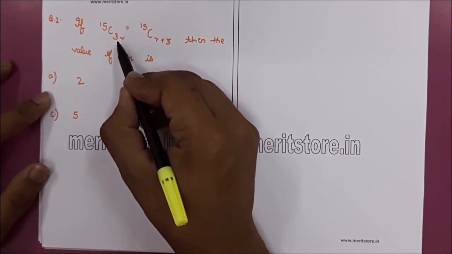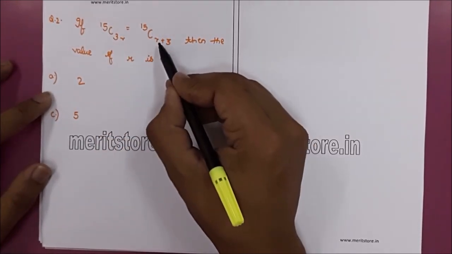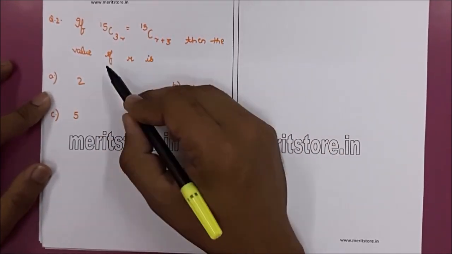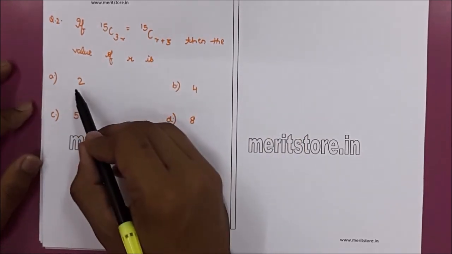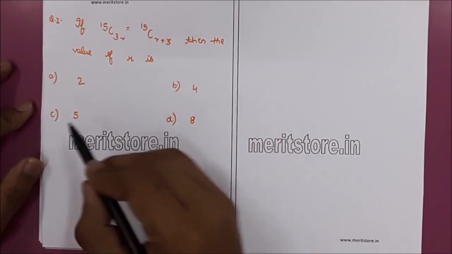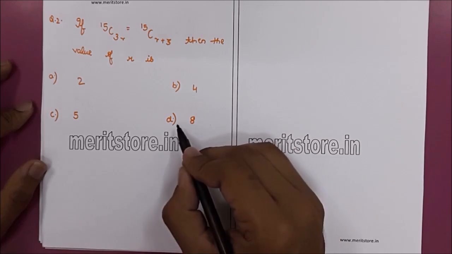If 15C3R is equal to 15C(R+3), then the value of R is option A 2, option B 4, option C 5, option D 8.